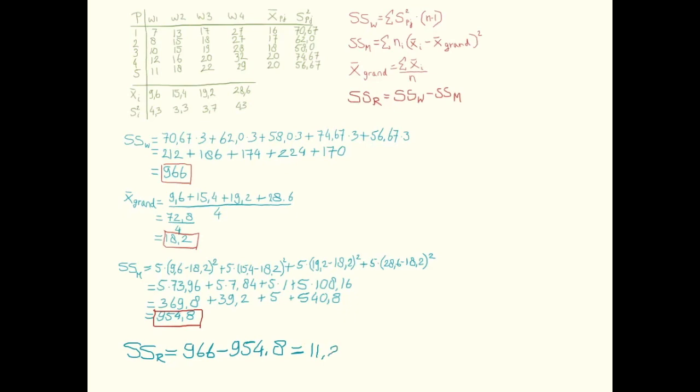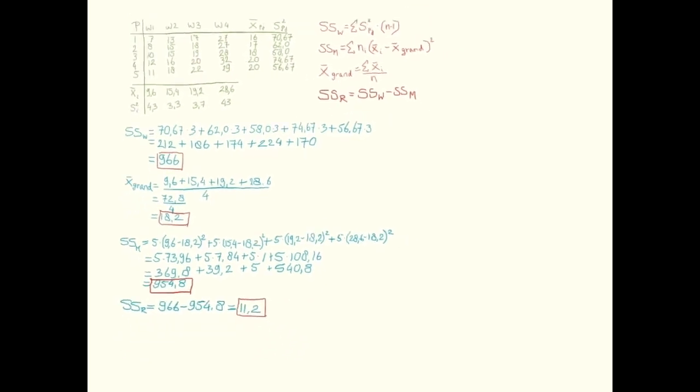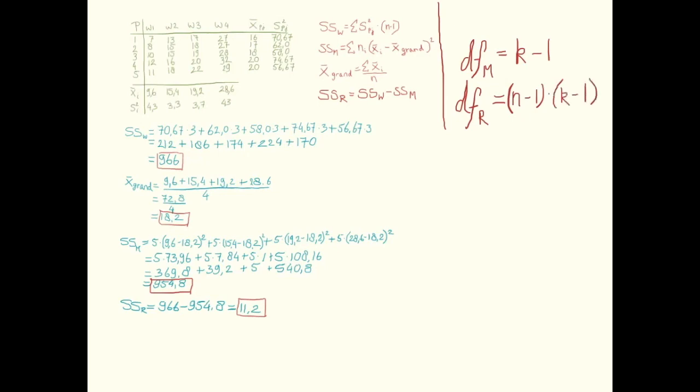and therefore the sum of squares residual equals 11.2. We continue by calculating the degrees of freedom, and these are needed to be able to calculate the F value. The degrees of freedom of the model, also the df model, equal k minus 1. The degrees of freedom of the residual equal n minus 1 times k minus 1. So let's put this aside so we can fill it in.